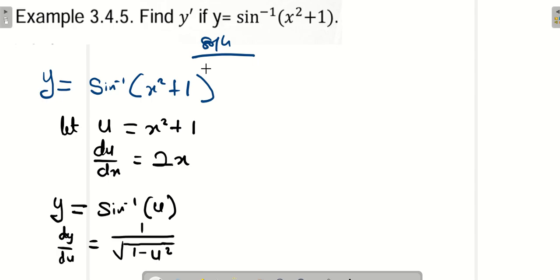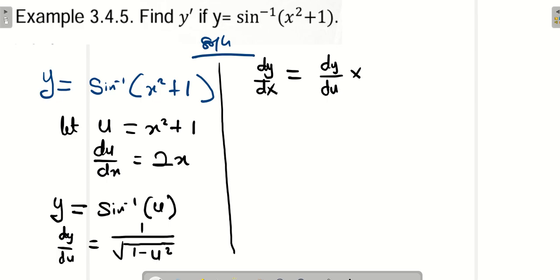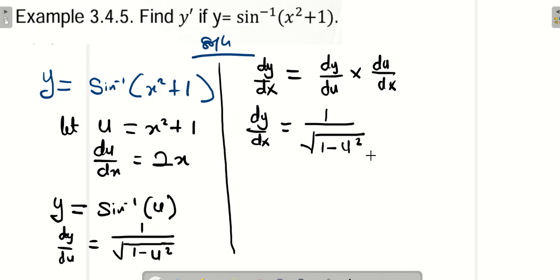Now, we can apply the chain rule. We know that dy dx from the chain rule is equal to dy du times du dx. So let's substitute: dy dx should be equal to dy du, and we know that dy du is 1 on the square root of 1 minus u squared, then times du dx, and du dx is 2x.